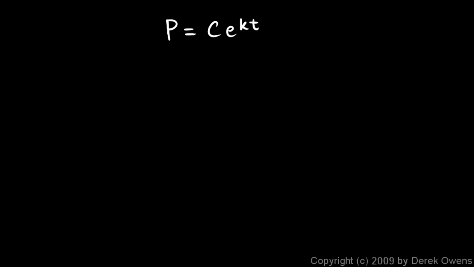Okay, it turns out for this equation, P equals C e to the kt, we can figure out what C is pretty easily by thinking about the population at the beginning when t equals 0. So we're going to let t equal 0 and see where that leads us. If t equals 0, then P is equal to C times e to the k times 0.